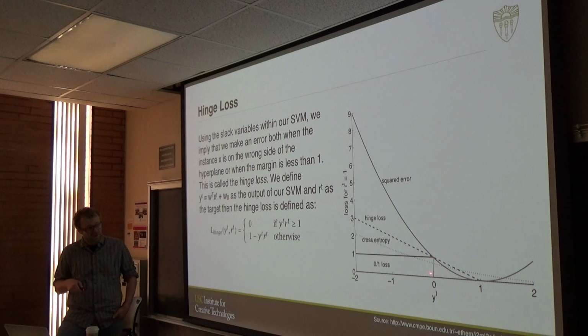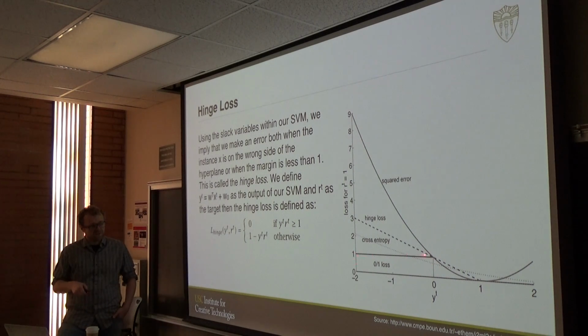If we are on the wrong side of the hyperplane, we have a pretty large error here, which can go up to infinity. But if we're on the right side of the hyperplane, we still make a little bit of an error, but only until we reach the margin, and beyond that we don't make an error. So that's a difference there.